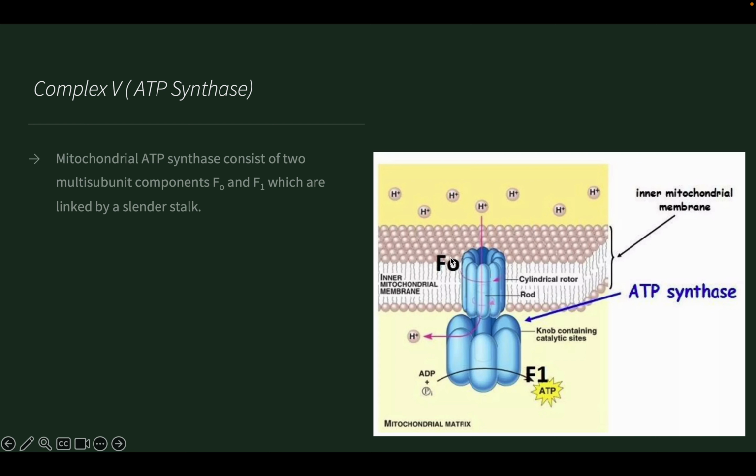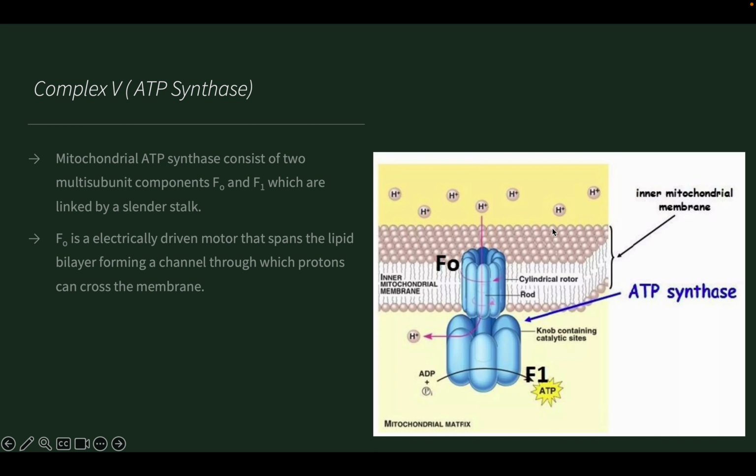ATP synthase consists of two subunits, F0 and F1, which are linked by a slender stalk. F0 is an electrically driven motor, and it spans the lipid bilayer through which the protons enter the membrane.